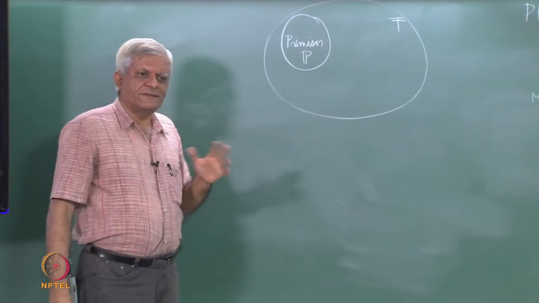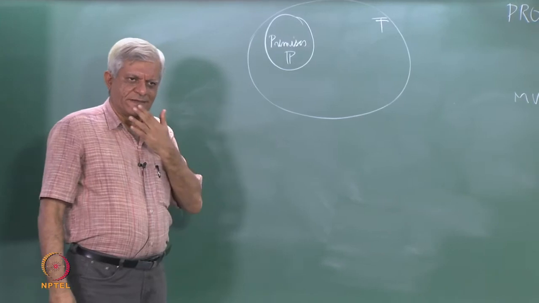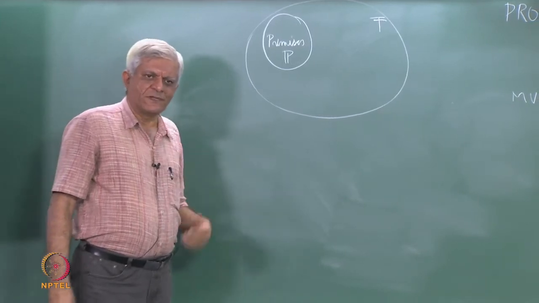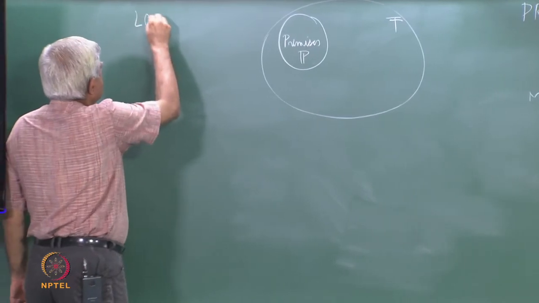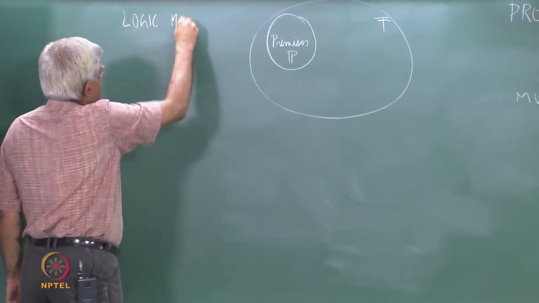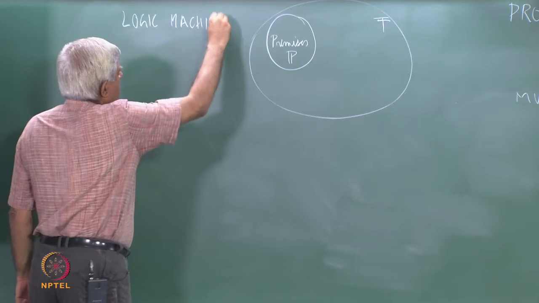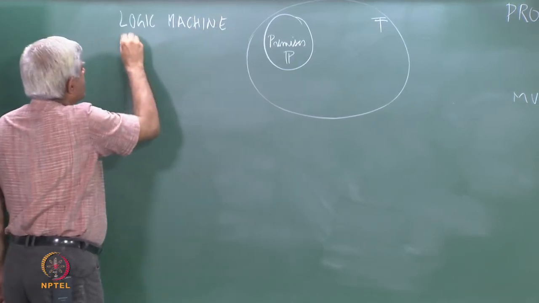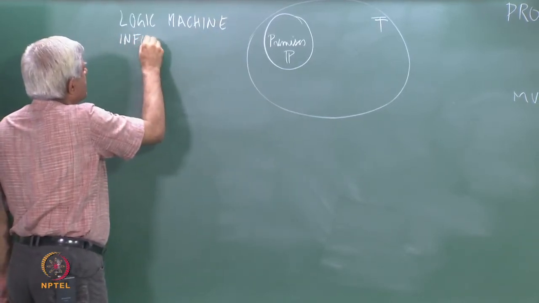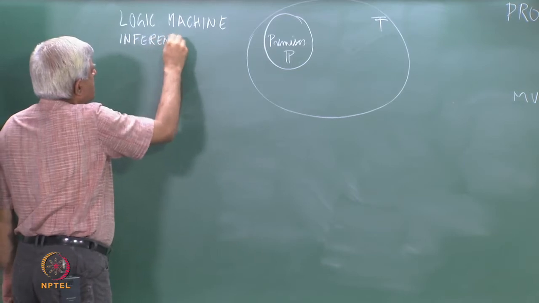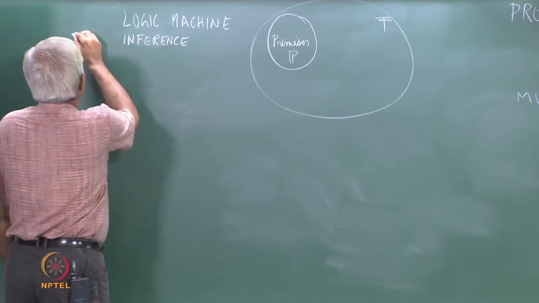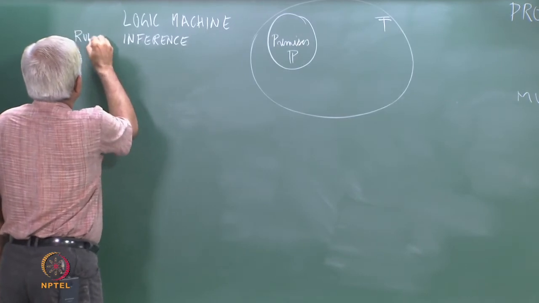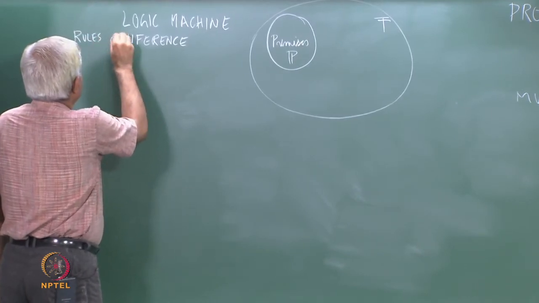Now, we are asking whether there is a mechanism of reaching this set again through a different means. So, now we are talking about the logic machine, or you can say an inference. This uses something called rules of inference.